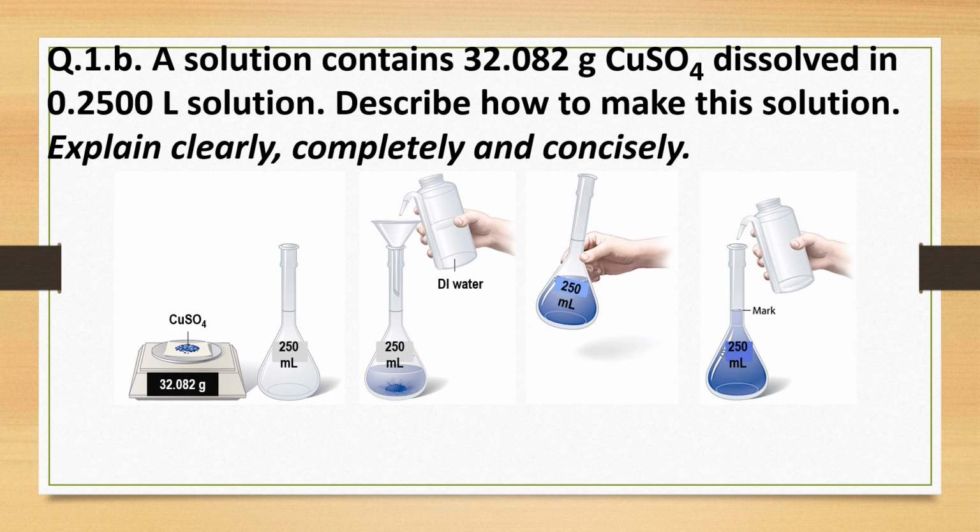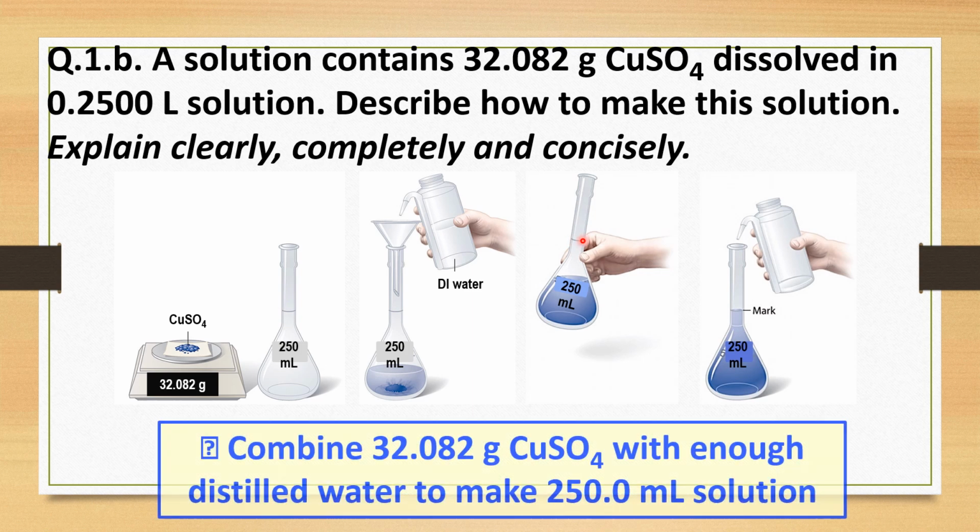Let me give a quick hint here. Whenever we pour in water, we pour in just enough to dissolve all the solids, but not up to the actual mark. Then we bring everything up to the 250 milliliter mark after we dissolve everything and make sure there are no crystals or solids at the bottom of your flask.